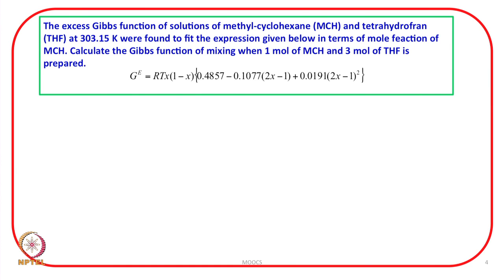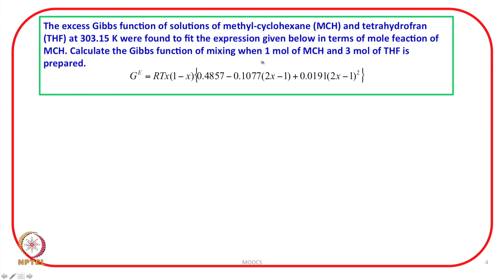And let us take a look at this question. According to this question, the excess Gibbs function of solutions of methyl cyclohexane, represented as MCH, and tetrahydrofuran at 303.15 Kelvin were found to fit the expression given below in terms of mole fraction of MCH.